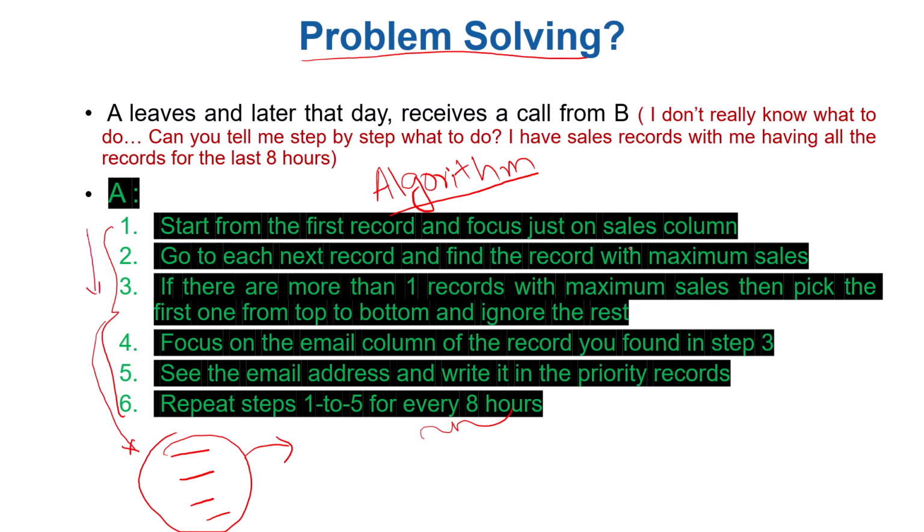And if a particular step requires more elaboration, that step might be broken down into further steps. But that step-by-step solution at the end of the day is called an algorithm.